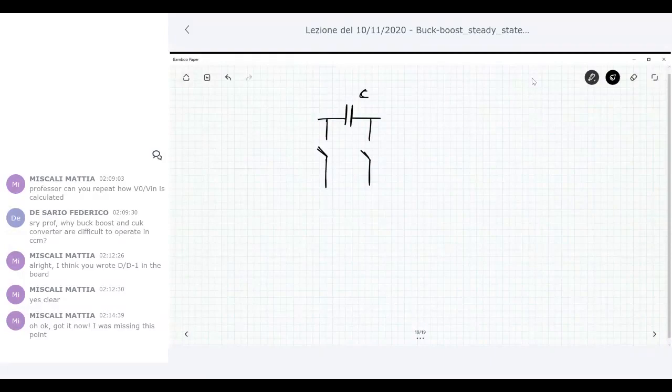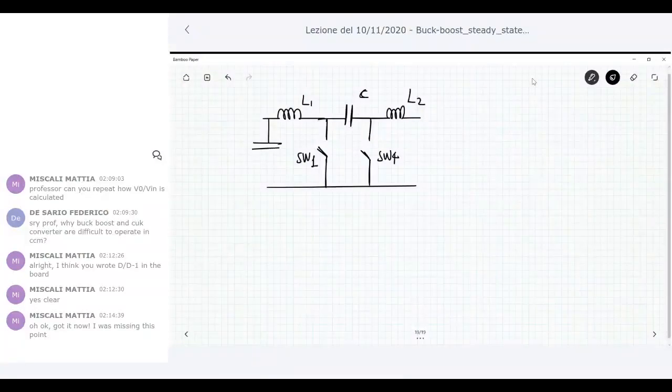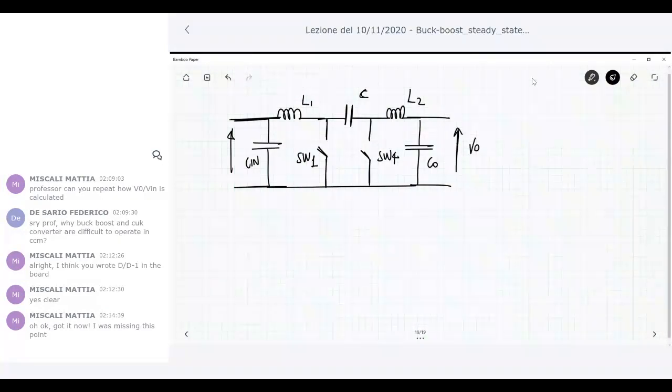If you make this capacitance floating this way and you put two switches, for example switch 1 and switch 4, and then you have the two inductances L1 and L2, which are always present, and C in and C not, we have V naught and V in.